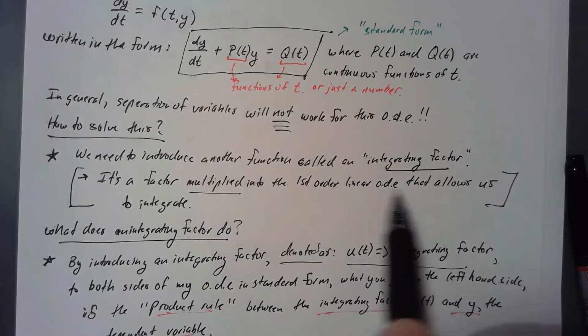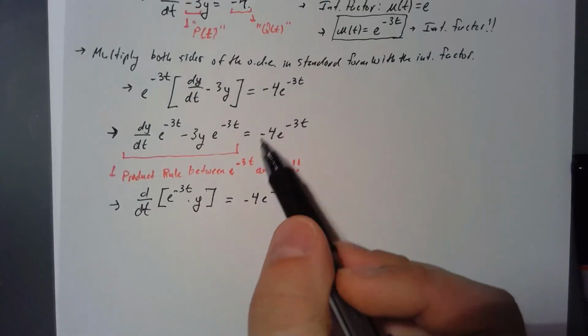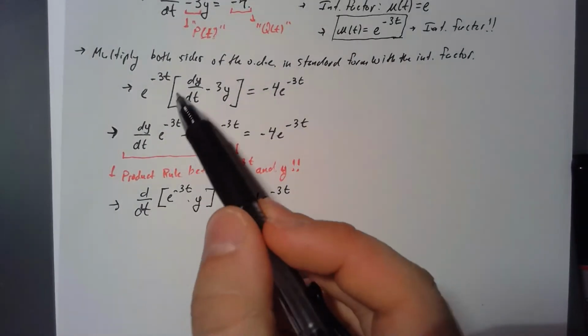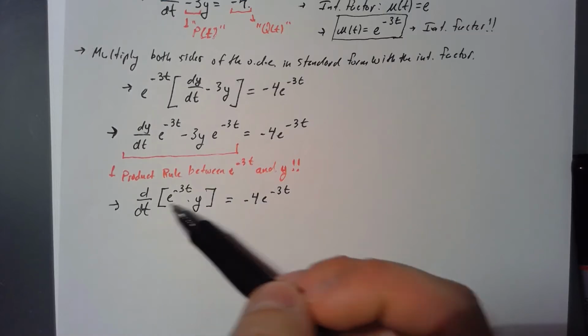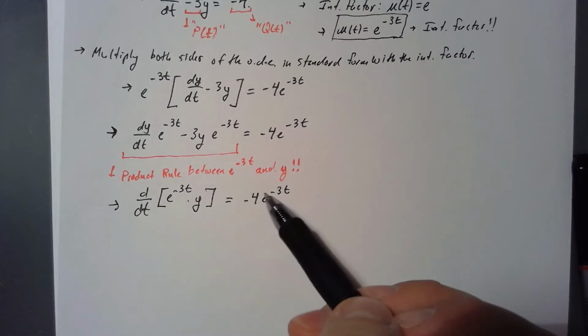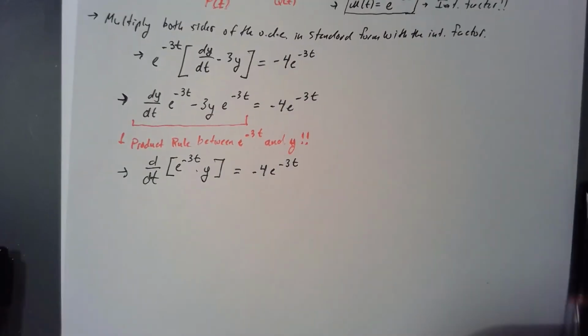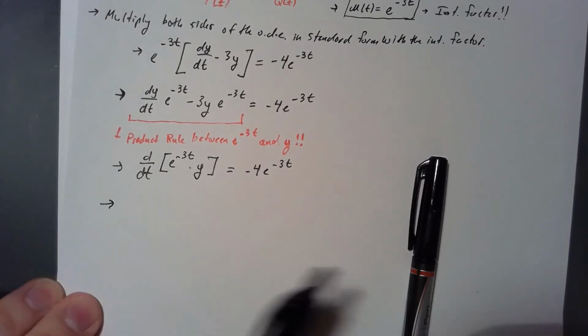By introducing that integrating factor into here, I got the derivative of a product, and now I can integrate both sides of this equation. So let me go down to the next step here.